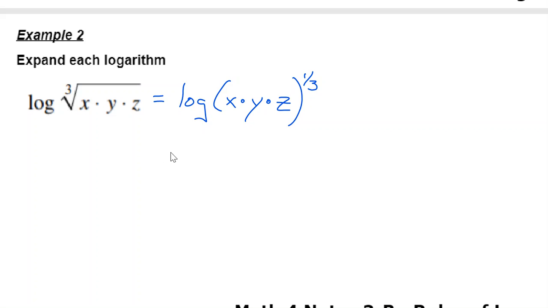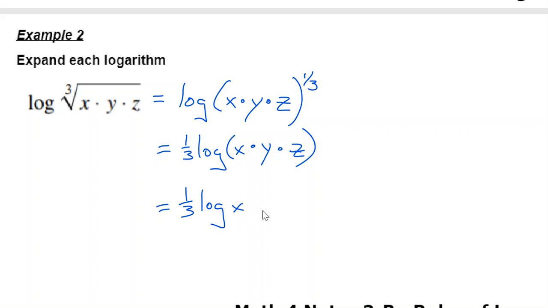Anyway, if we've got a fraction there for an exponent, we can move him out front. And if all of these are being multiplied, then I can separate them with addition. That should do the trick.